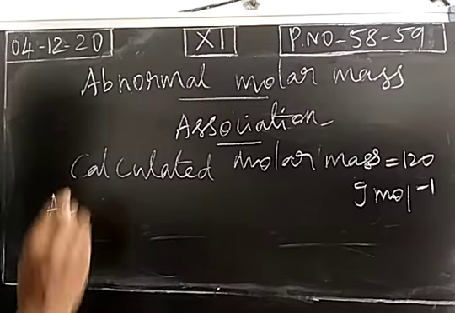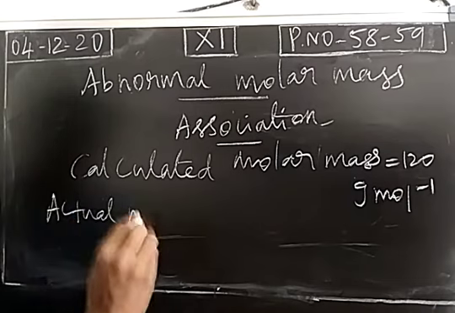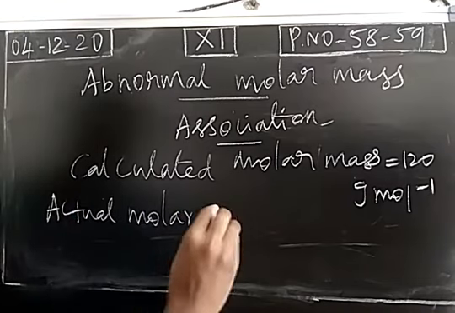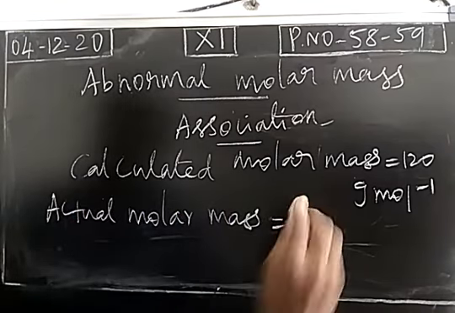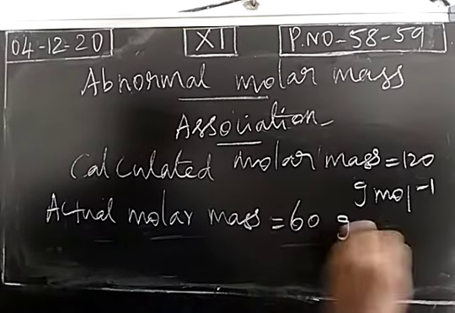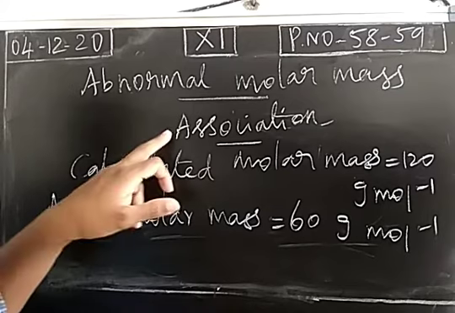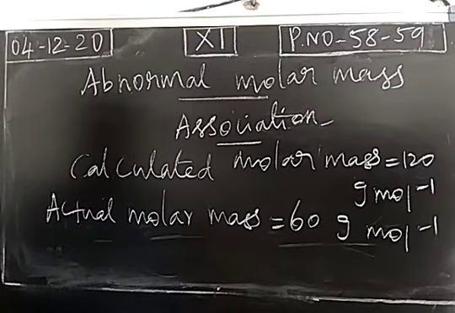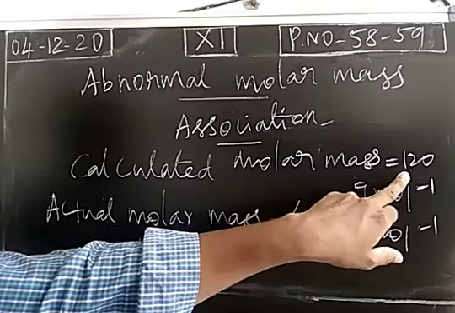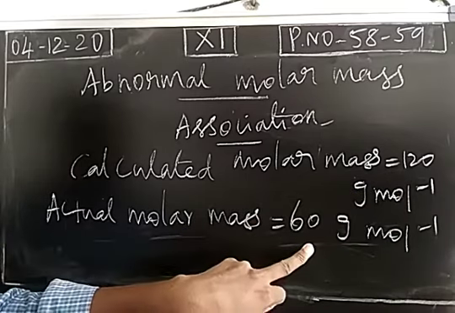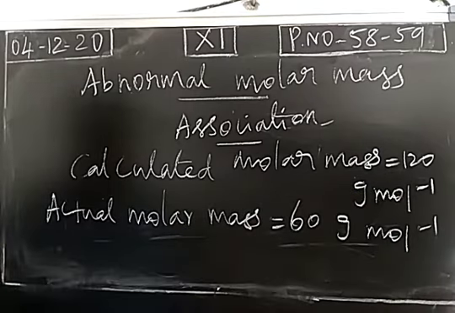The actual molar mass of acetic acid, so this is an accurate value, is 60 gram per mole. So as we said already, due to association of acetic acid molecules, the calculated molar mass is two times higher than the actual molar mass of acetic acid.